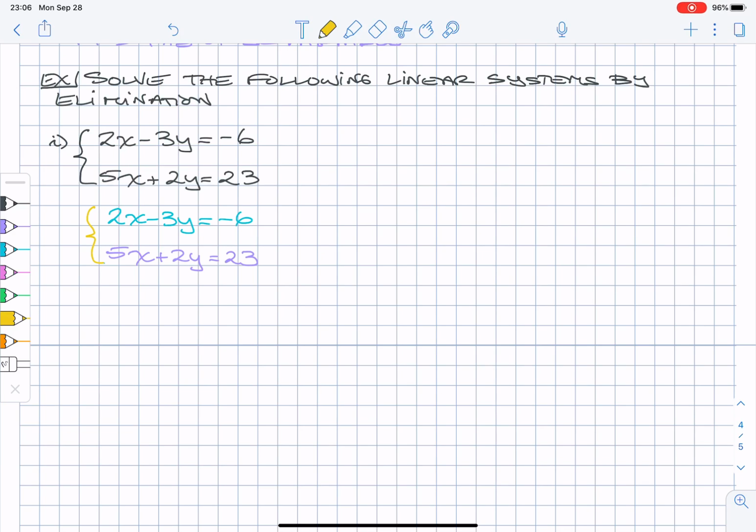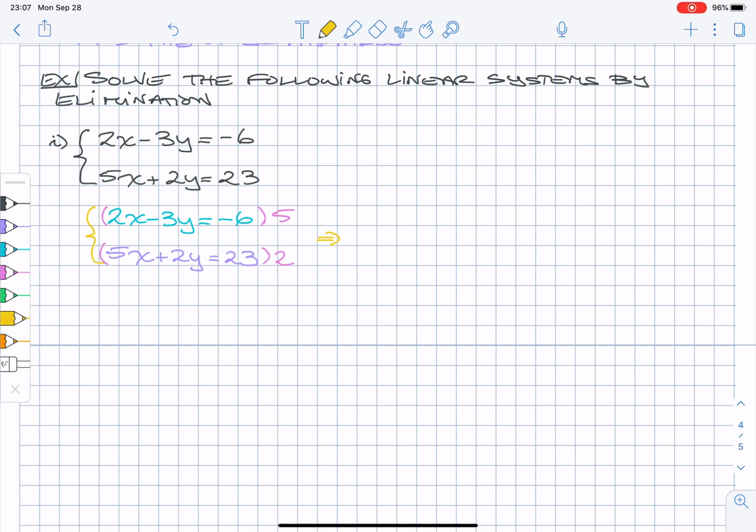If I want to eliminate x, then I have to multiply the first equation through by the coefficient of x in the other equation. So the coefficient of x in the second equation is 5, and in the first is 2.